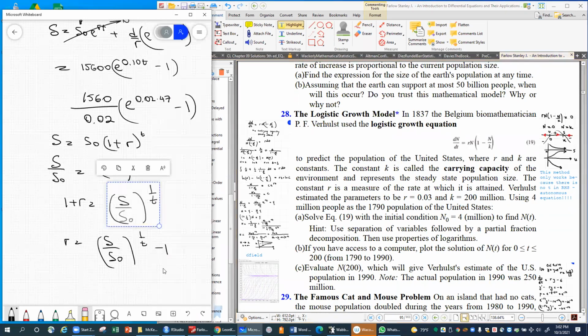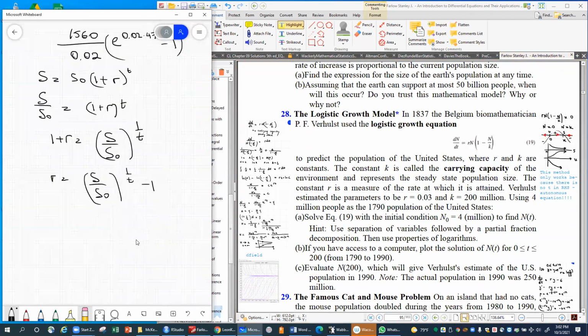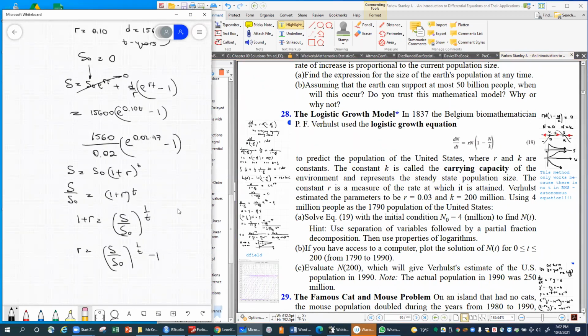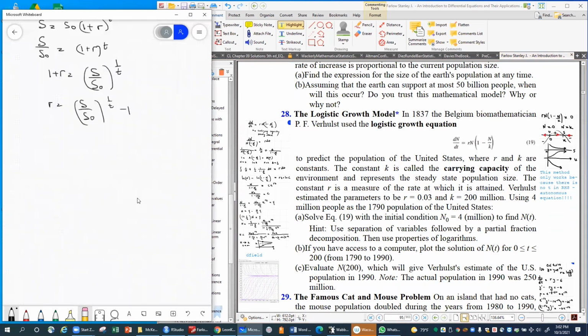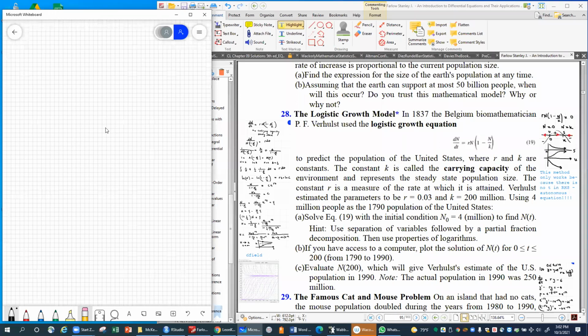It looks like this equation: dn/dt equals r n times (1 minus n over k).